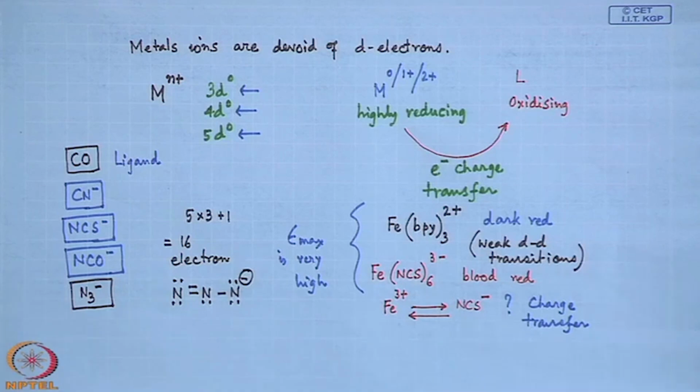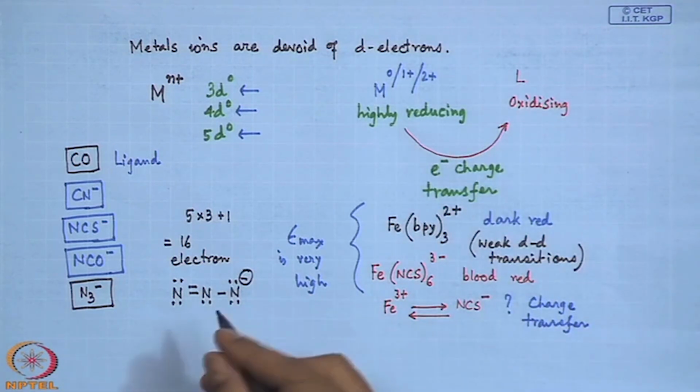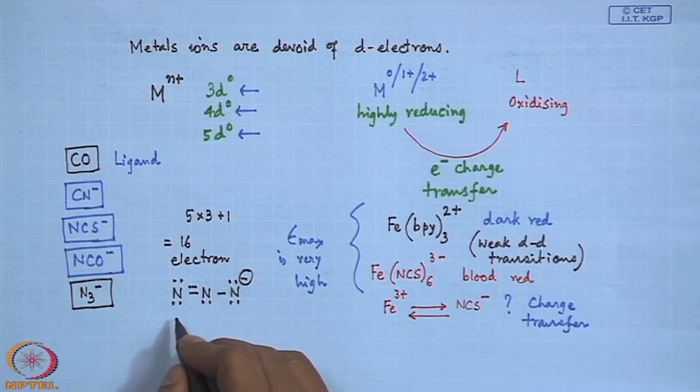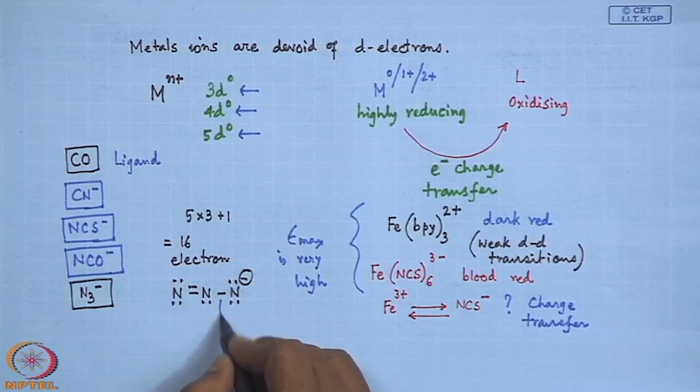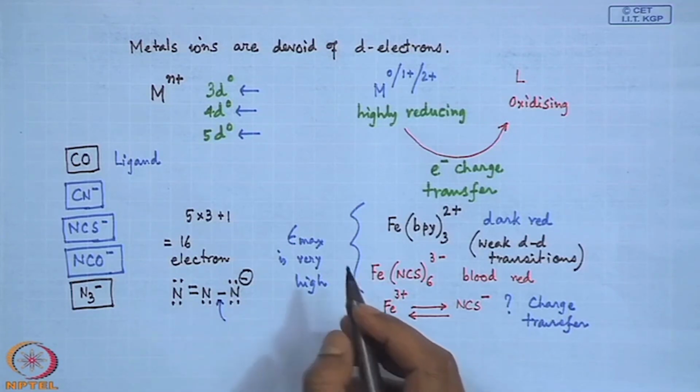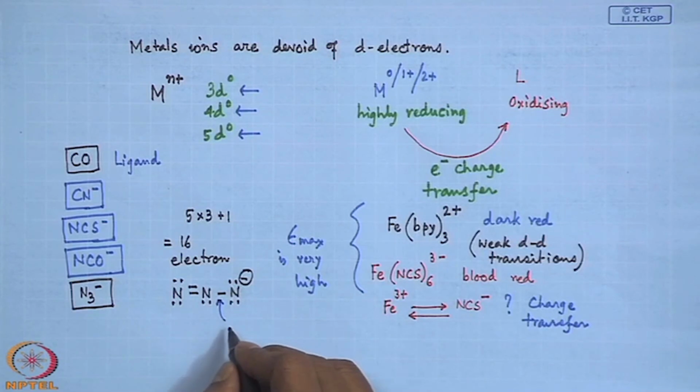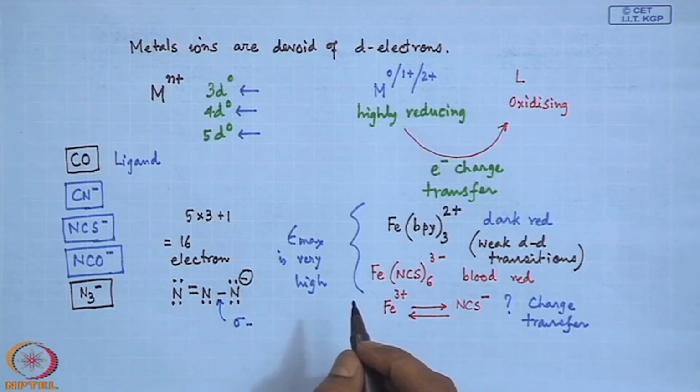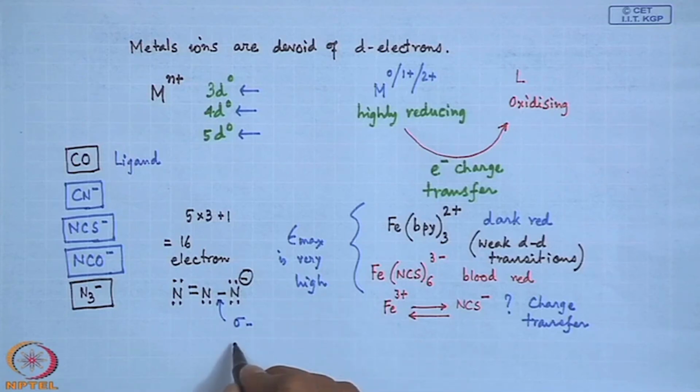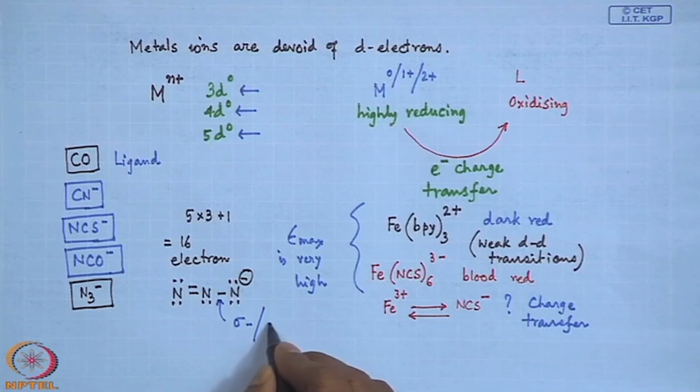What we see from the Lewis dot structure of this multi-atomic species is that if the nitrogens are bonded through a sigma bond, and the bonding molecular orbital is present as sigma, we can also have the anti-bonding level.